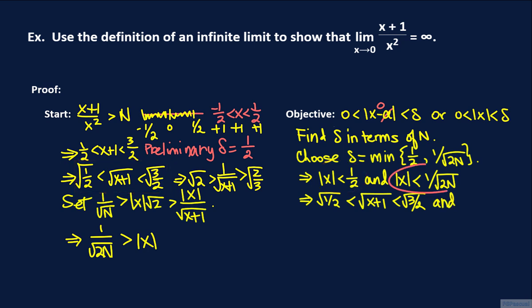The absolute value of x being less than 1 divided by the square root of 2N implies that the absolute value of x times the square root of 2 is less than 1 divided by the square root of N. We then take the reciprocal of each part in the first inequality and then multiply by the absolute value of x. The result is the absolute value of x times the square root of 2 is greater than the absolute value of x over the square root of x plus 1.